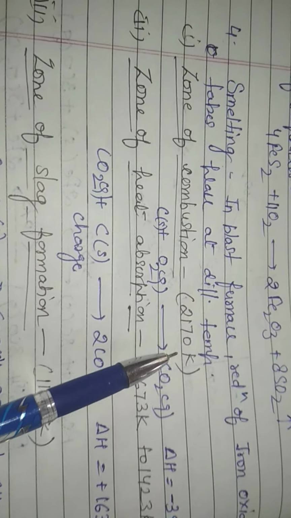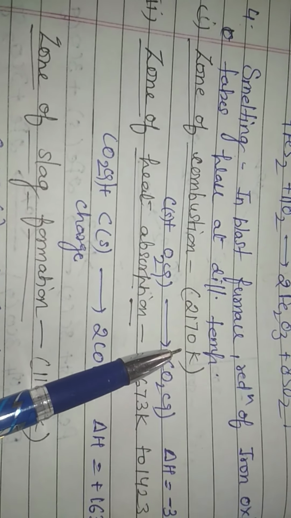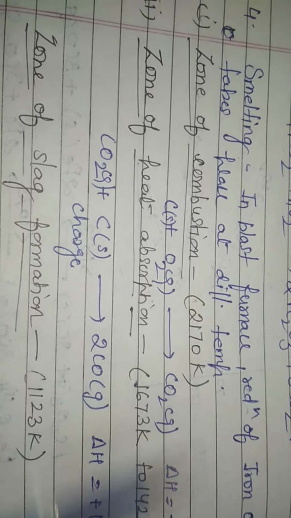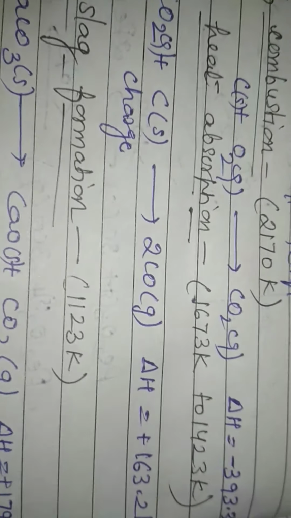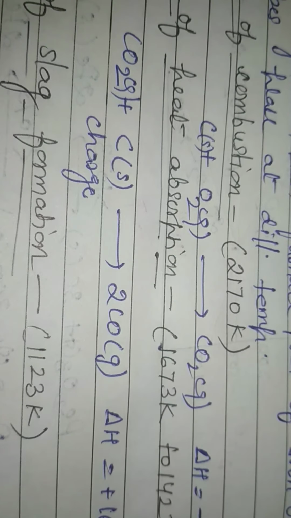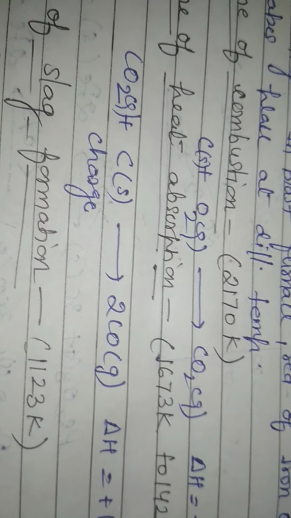What happens is that when the charge is dropped, the hot air blast is passed at the same time, that is preheated air with a temperature of around 1000 Kelvin, also passed to the furnace. Now what happens?